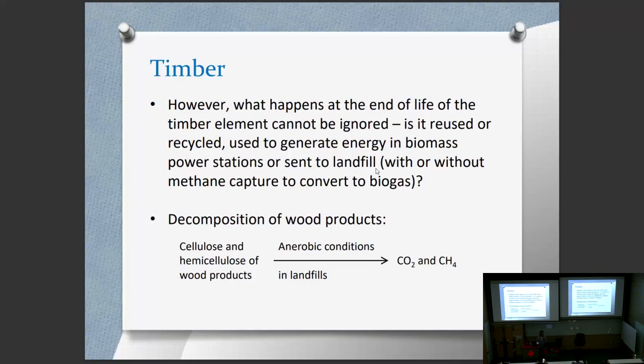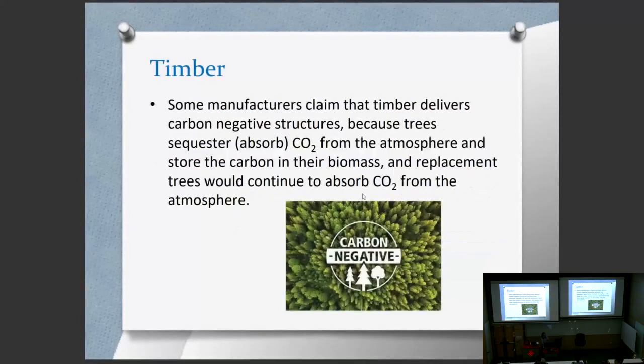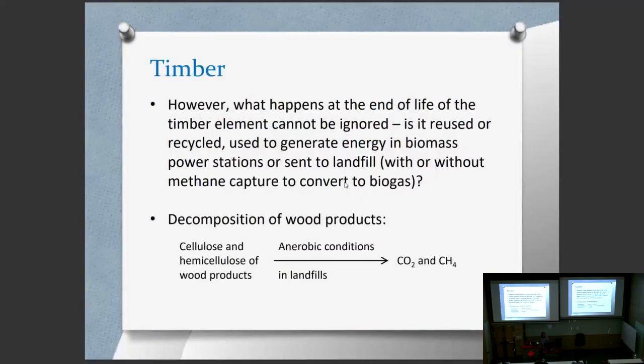When timber decomposes, it will emit carbon dioxide and methane. The carbon dioxide stored inside the timber earlier will be released to the atmosphere when it decomposes. So how you treat it at the end of its life matters a lot.